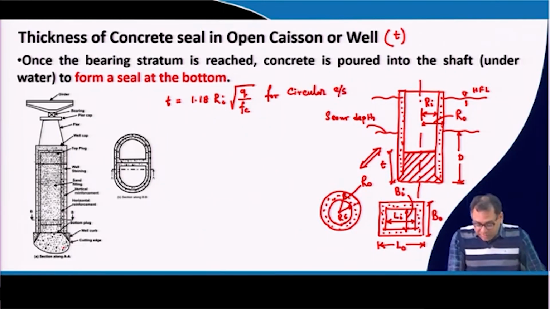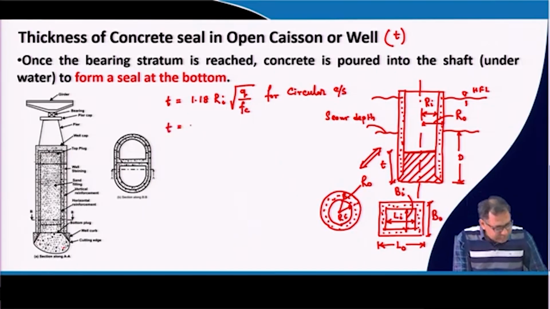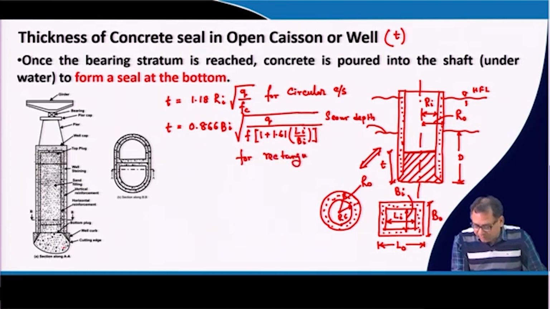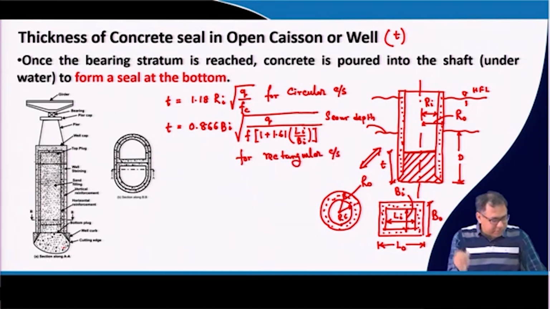And T is equal to 0.866 B I times root over Q divided by F c times (1 plus 1.61 L I divided by B I). That is for the rectangular cross section.